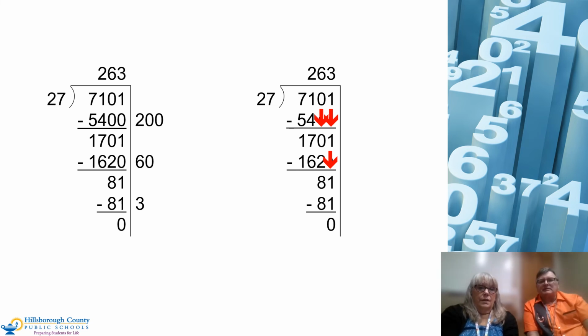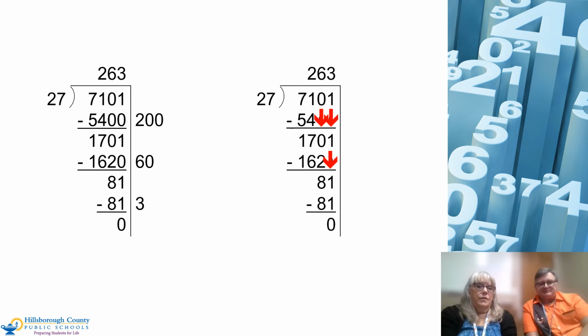Much more abstract, but the misconception is that students think they're taking away 54. Well, that's where the place value language has to come into play. It's really still 5,400. The same with that. I'm not taking away 162. It's 1,620. So those zeros hold place value.